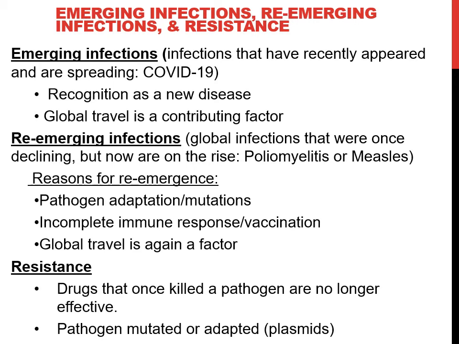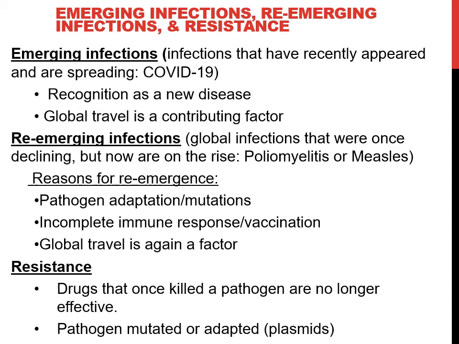When we're talking about resistance, we're talking about antivirals or antibiotics in particular, even more importantly, that once killed a pathogen but are now no longer effective. That's what we call bacterial resistance, or antibiotic resistance, in fact. So how do bacteria develop this resistance?